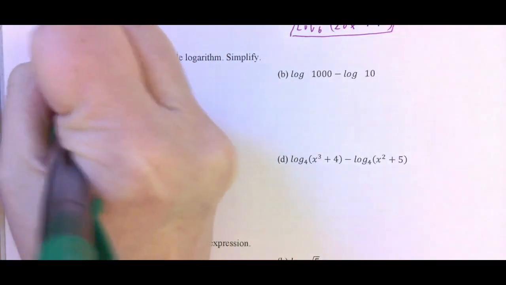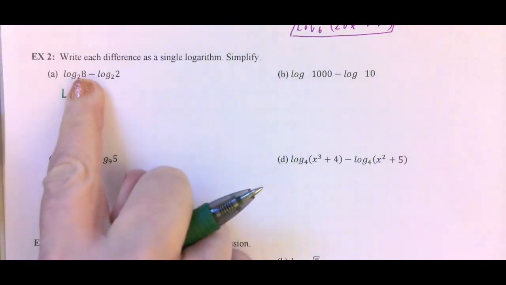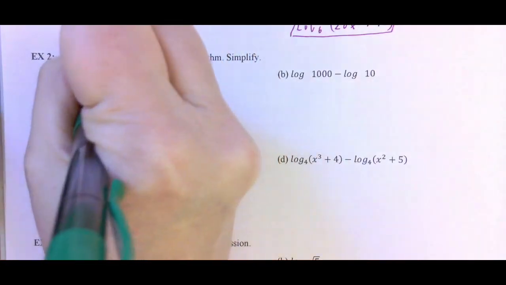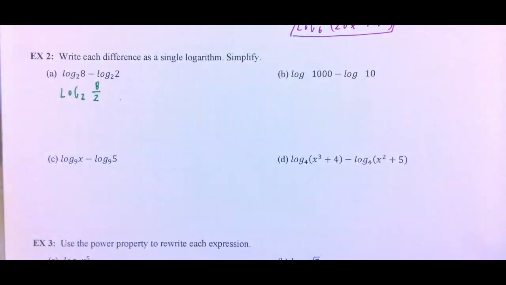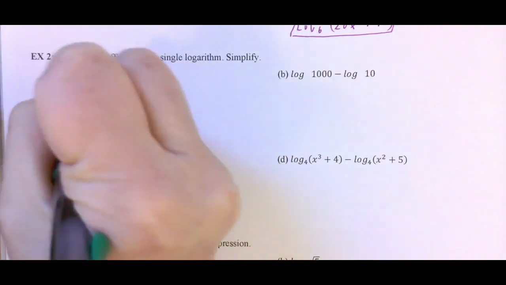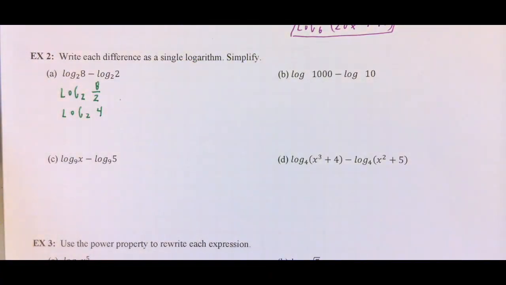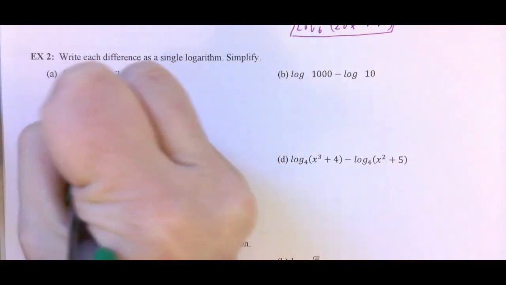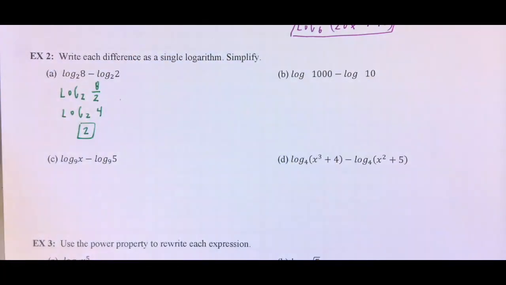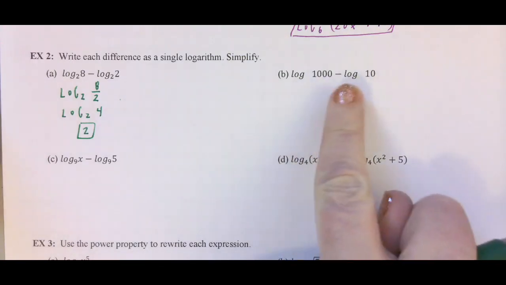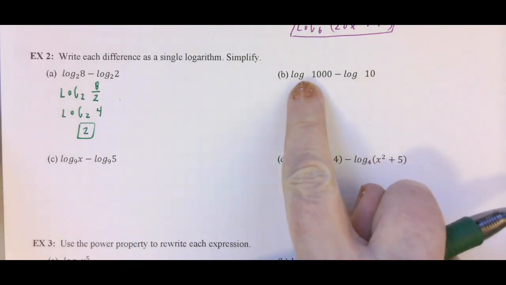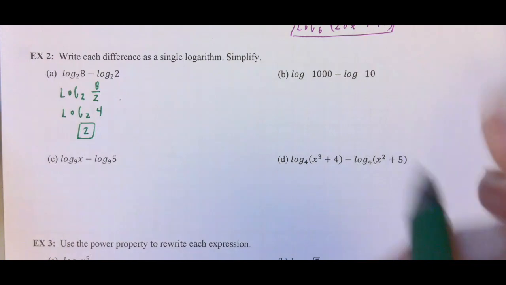So I could say here, log base 2 of 8 divided by 2, just like that, which is really log base 2 of 4. And I can simplify that because I know that 2 to the second power gets me 4, becomes just 2.